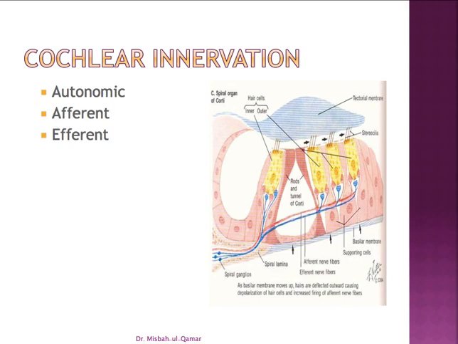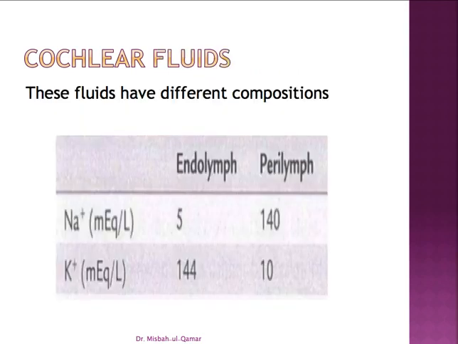Right, now we will have a look at the cochlear fluids. These cochlear fluids are extracellular fluids. These fluids are endolymph and perilymph. And as you can see in the figure, they have different chemical compositions.